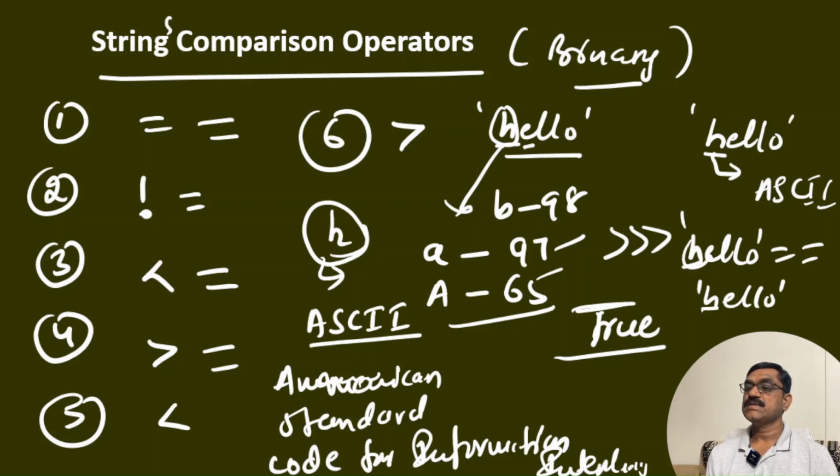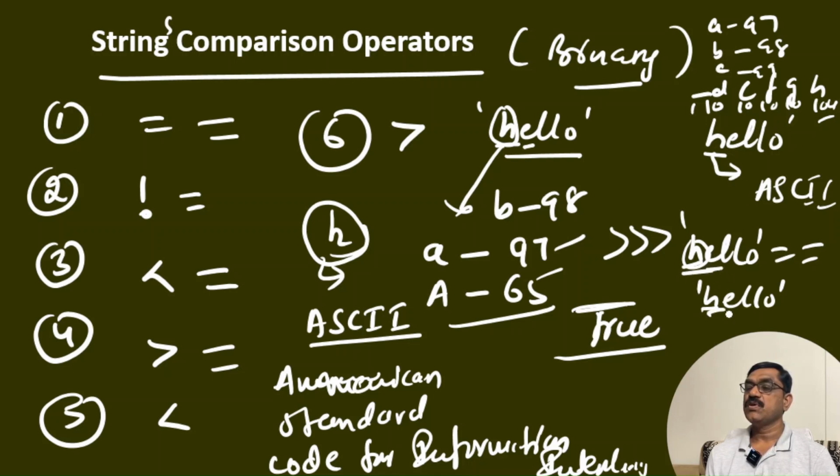A is 97, B is 98, C is 99, D is 100, E is 101, F is 102, G is 103, and H is 104. This is also 104. Both are equal.